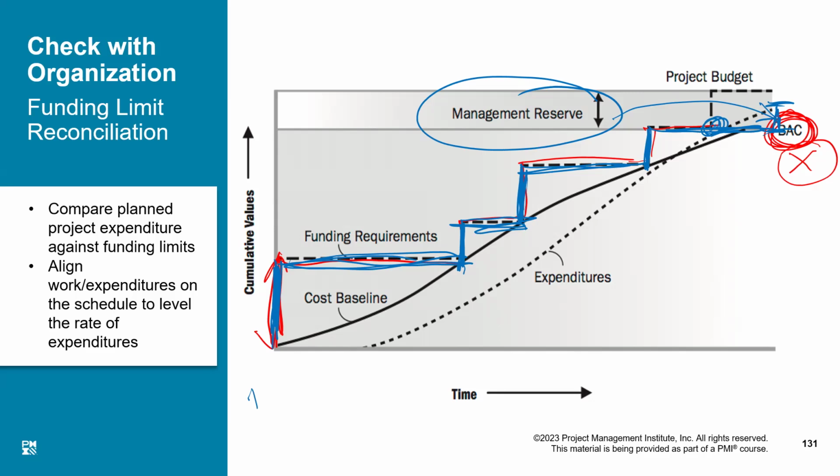Okay. So far, I have introduced you to what is PV, what is EV, and what is AC. Planned value is calculated from the calculations which we did for each activity.